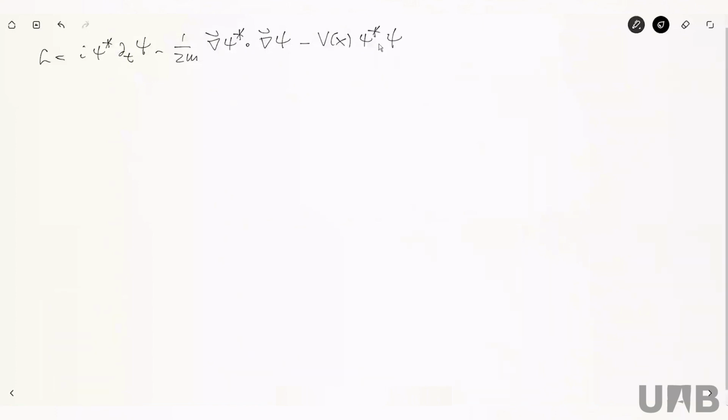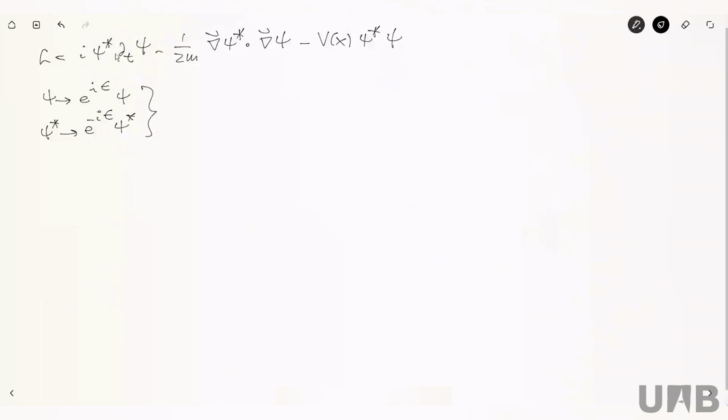Now, we see that this Lagrangian is clearly invariant under the following transformation: psi goes to e to the I epsilon times psi. And if we make this transformation for psi, of course, we're making this transformation for psi bar.